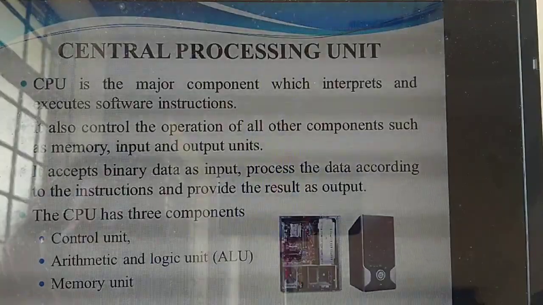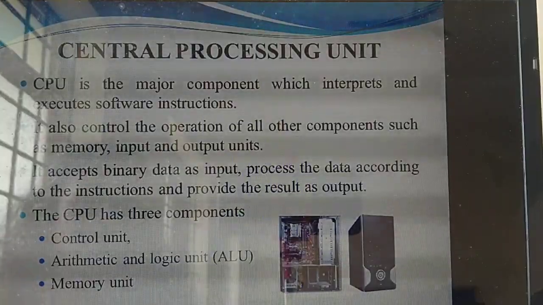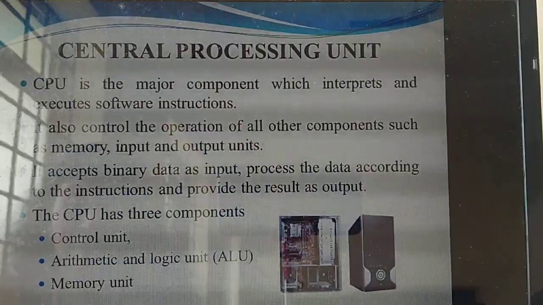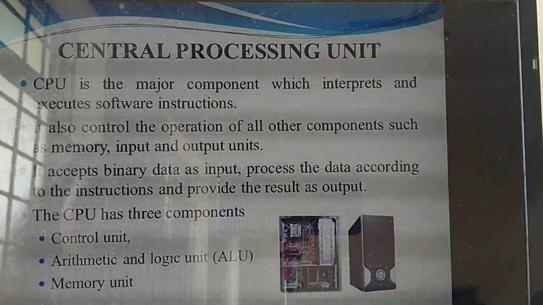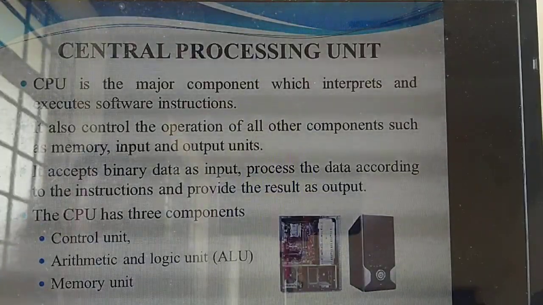For example, typing C, C has a particular value. Binary means nothing but zeros and ones. So the input you give, it will accept as data in the form of what? Binary. Understand?